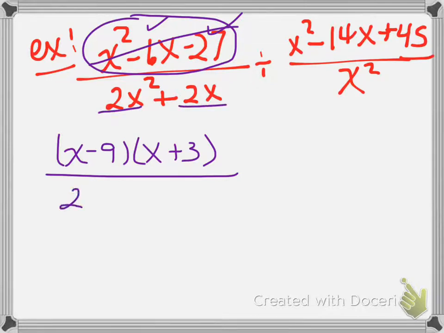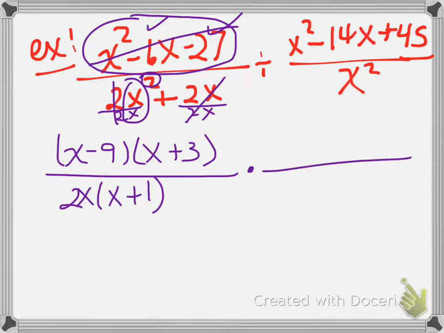They both have 2's and they both have x's. So if I factor out 2x, it really means I'm dividing it out. So the 2 divides here and leaves me with just one x left here, plus 2x divided by 2x is 1. Anytime you divide a number by itself, it's always going to be 1.